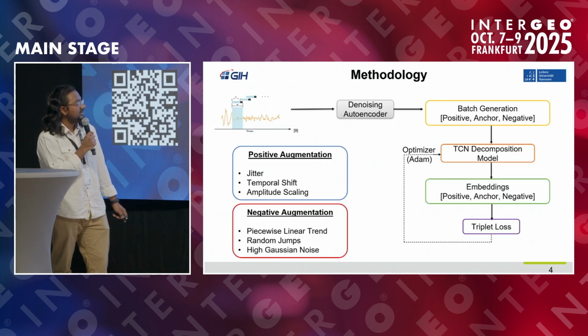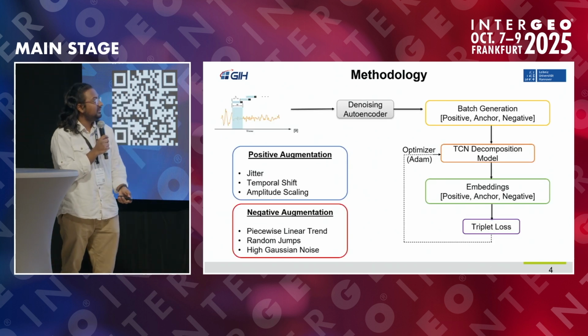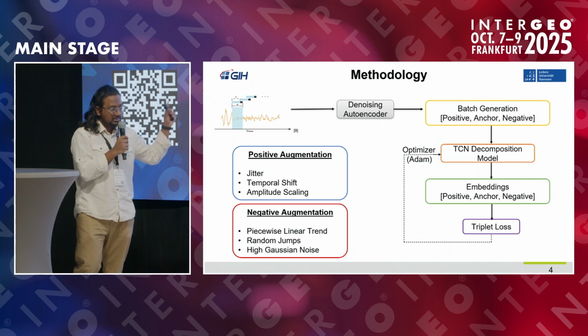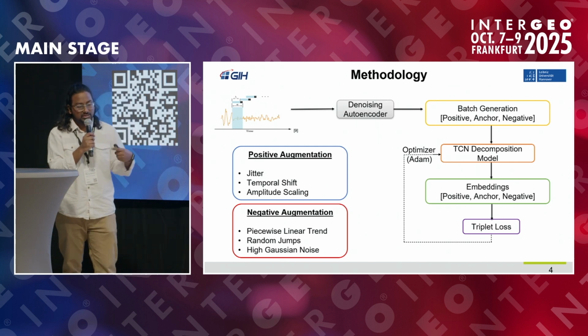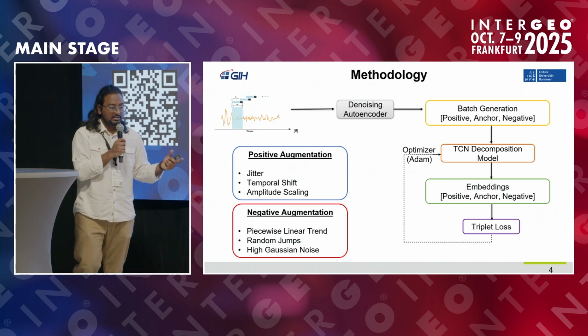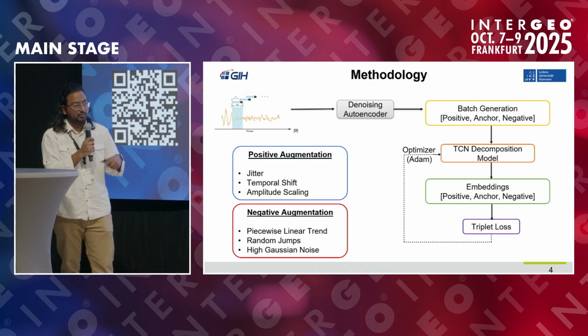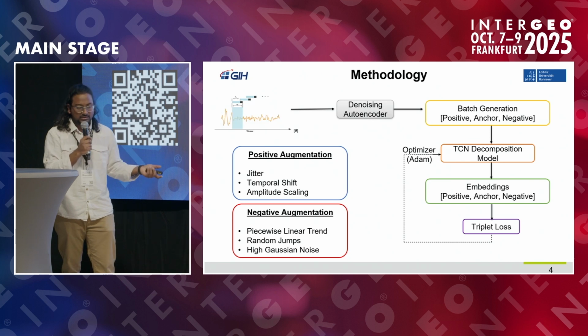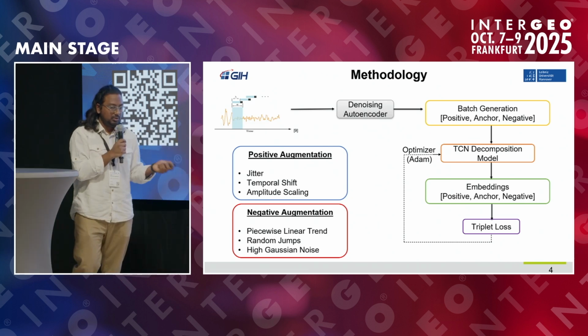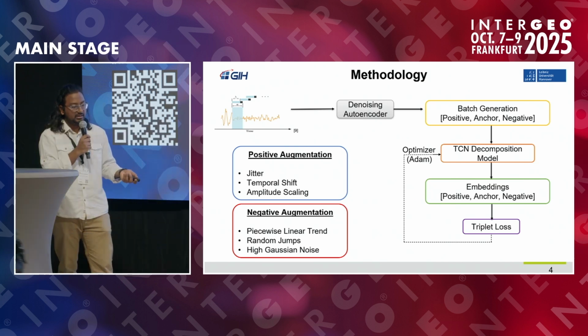Okay, let's dive deep into the methodology. First, the time series is fed into a denoising autoencoder, which removes the major noise from the time series, and this is then fed into a batch generation. This batch generation splits the time series into various segments of predefined window size. Each batch is considered as an anchor for which a positive and a negative augmentation is generated.